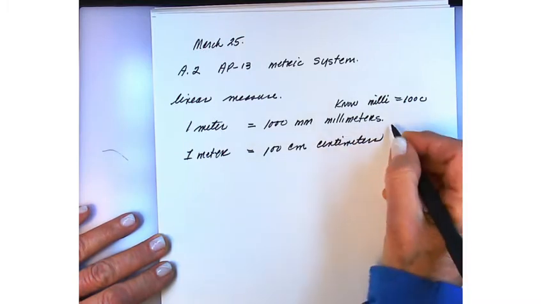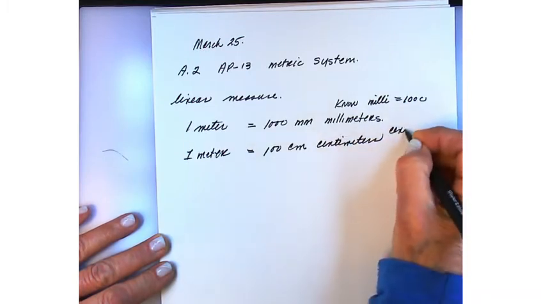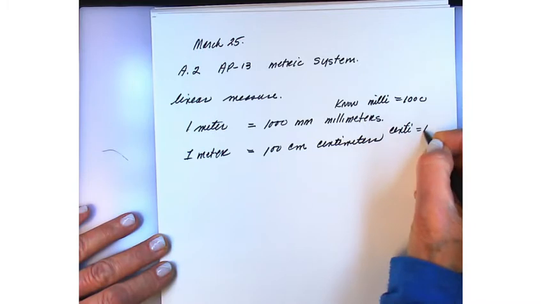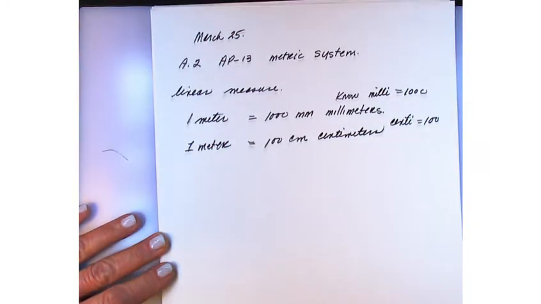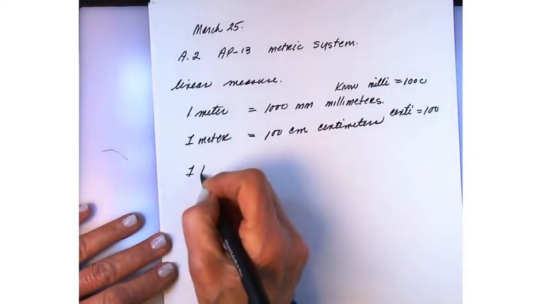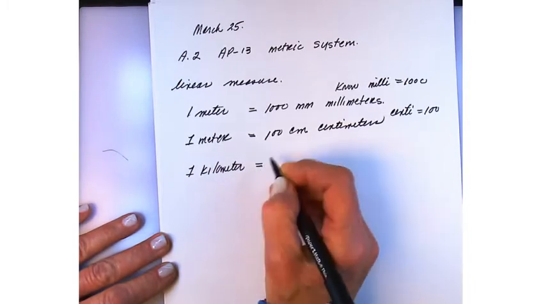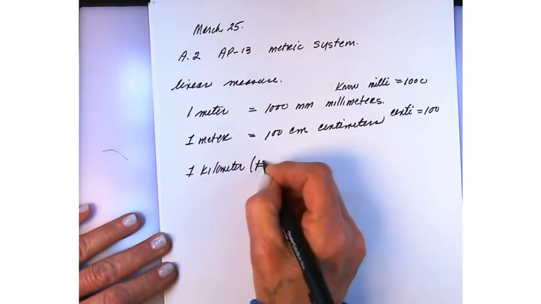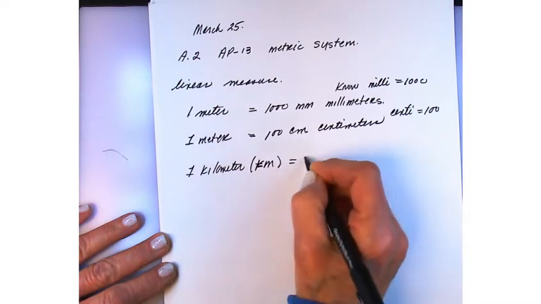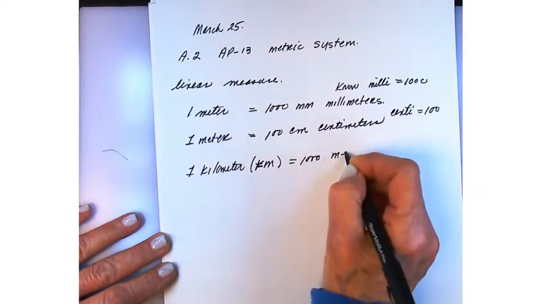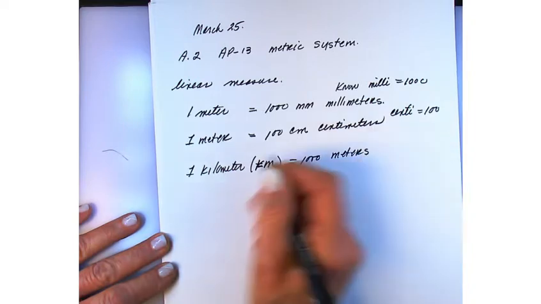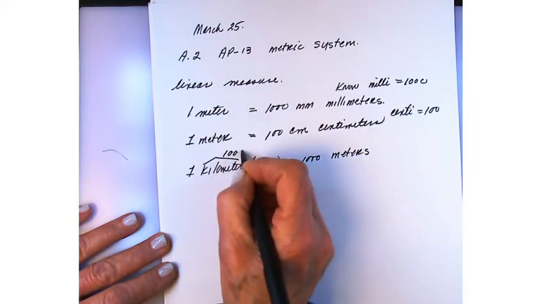And we know that centi means 100, and then 1 kilometer, and the abbreviation for kilometer is km, equals 1,000 meters. So kilo means 1,000.